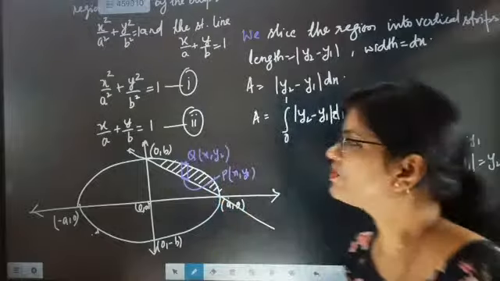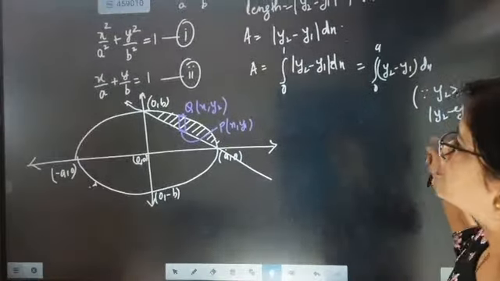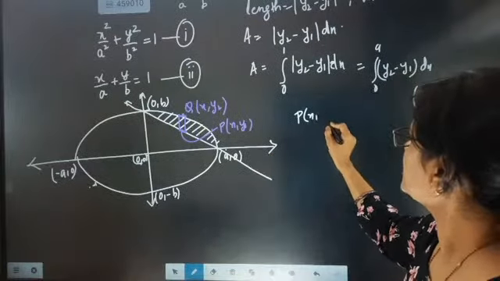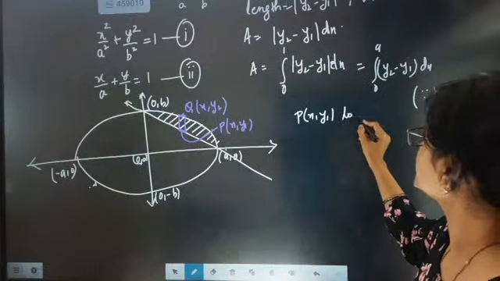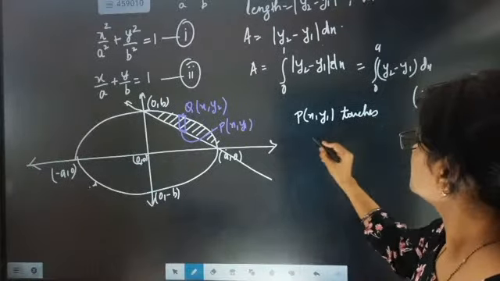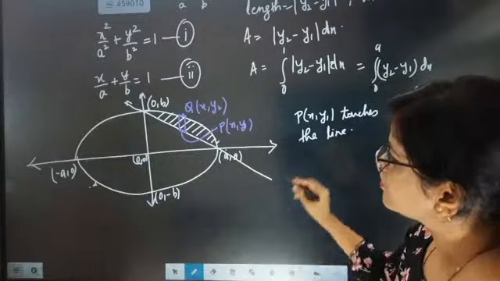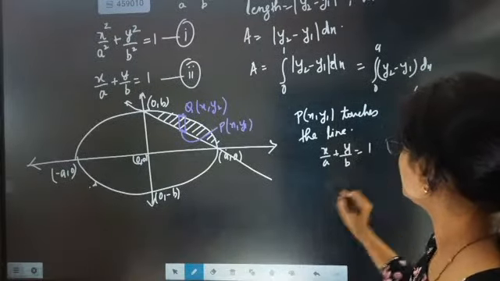After writing this point, only one small work remains. Now specify the region. P(x, y1) is touching which line? It touches the line x/a + y/b = 1.